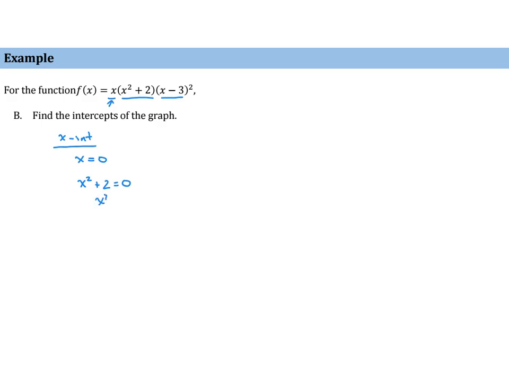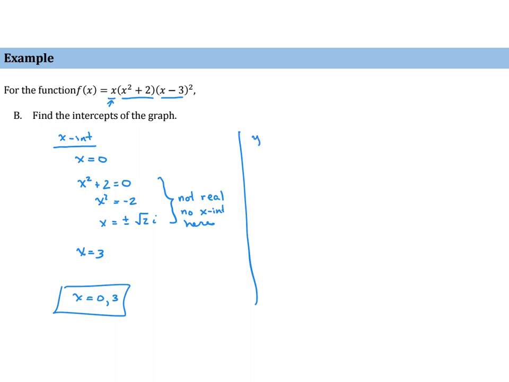If we tried to solve that, we would have x equals plus or minus the square root of 2i. This is not real. So since it's not a real 0, there is no corresponding x-intercept. So then we have x equals 3. So our x-intercepts are x equals 0 and 3.